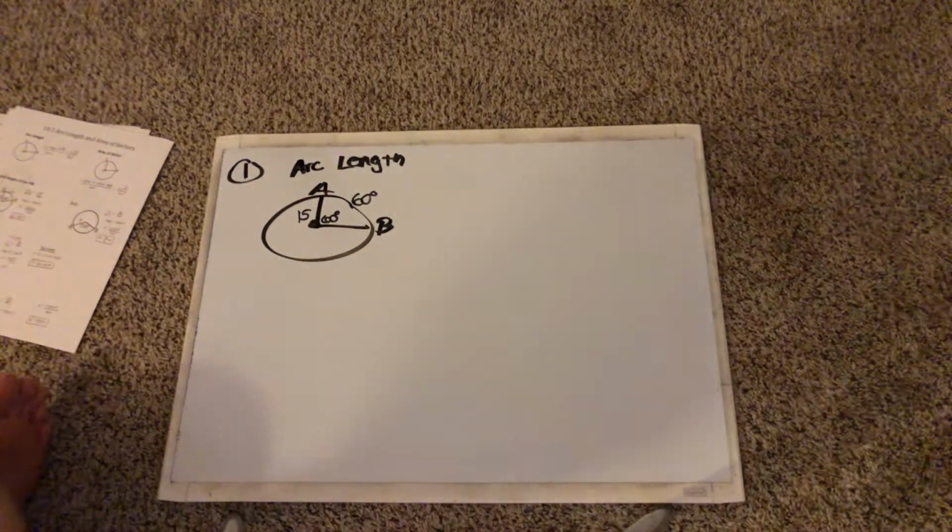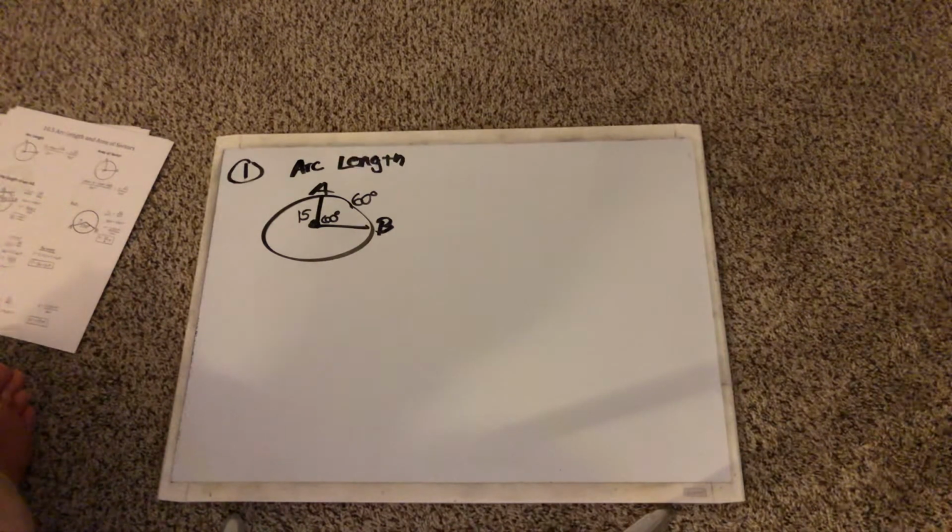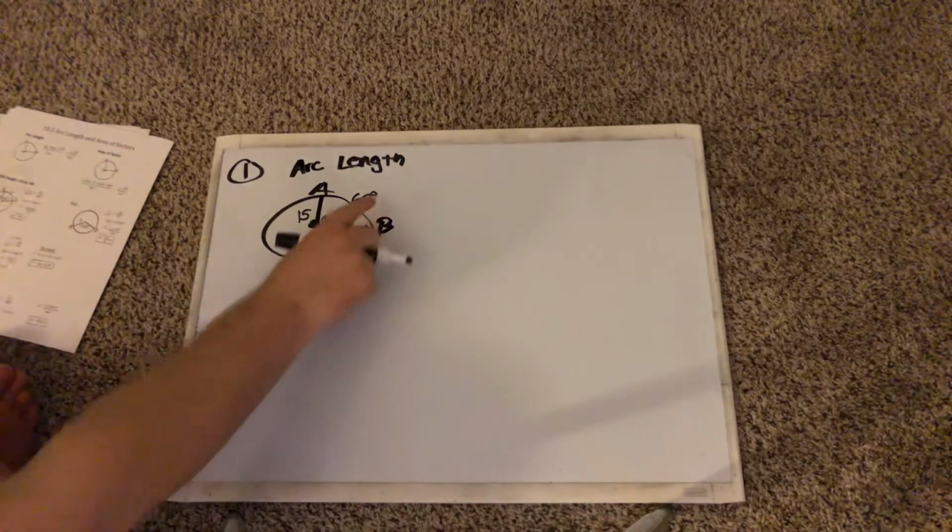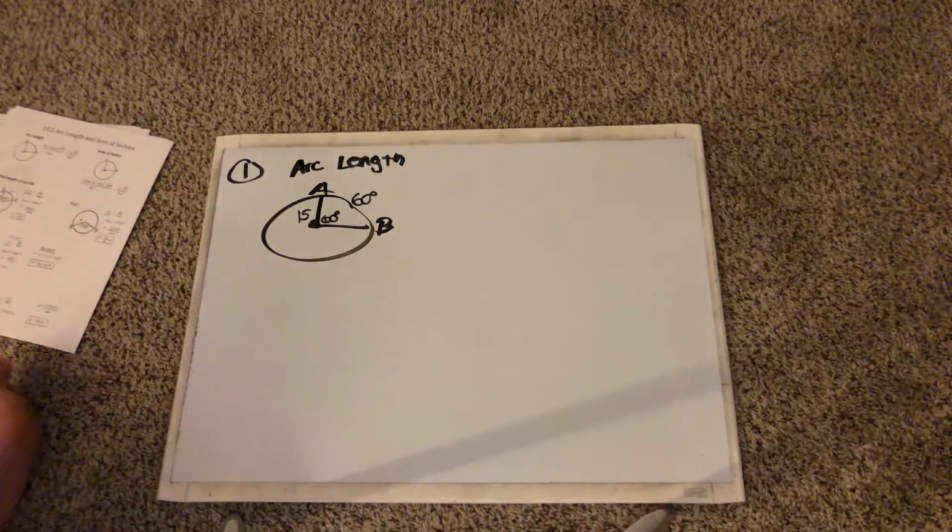Just because the measure of the arc is 60 degrees does not mean it's the actual arc length. Because what if we're talking about centimeters? Degrees are not centimeters. So let's figure this out.